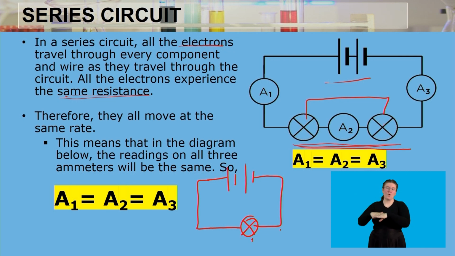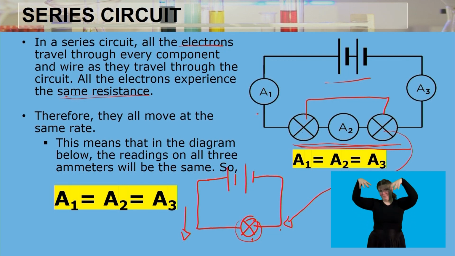So that means the light bulbs of this circuit are going to be much dimmer as compared to this one. The resistance of this circuit is going to be much lower than the resistance of this circuit. So that means the brightness here is going to be higher than the brightness on this circuit here. So the more light bulbs you add, the lesser the brightness. But the fewer light bulbs we have in an electric circuit, the more the brightness.